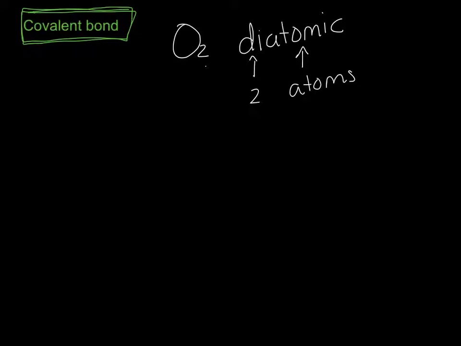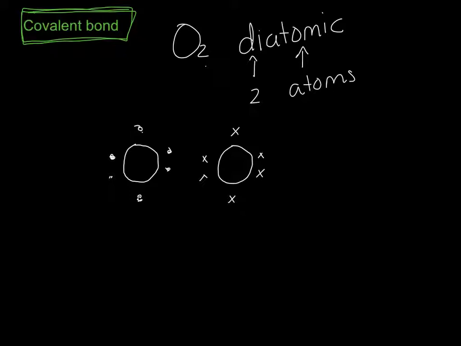So what happens is if you look at oxygen, we're going to make a dot diagram. It has 6 valence electrons. Okay. It wants the magic number 8, but it just doesn't have 8. Okay, it has 6. So it needs to borrow 2 from somebody. Well, let's say another oxygen comes nearby, and that oxygen has 6 valence electrons.